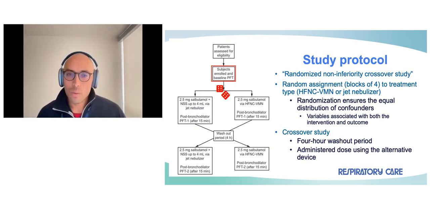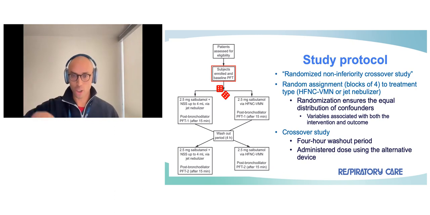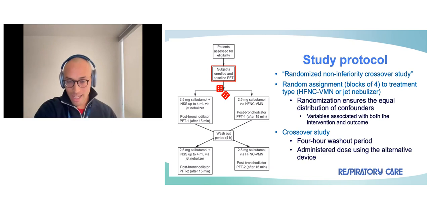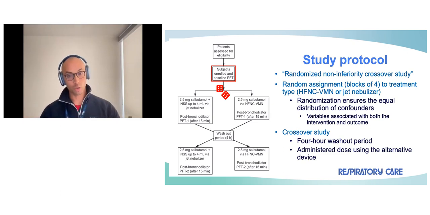Now, you can see here that the patients were assessed for, I'm looking down the flow chart because I know you can't see my mouse. So patients were assessed for eligibility, enrolled, and had a baseline PFT performed. Then they were randomized. From there, they received their first treatment, had PFTs performed, and then the crossover occurs. The crossover being given the alternate device.